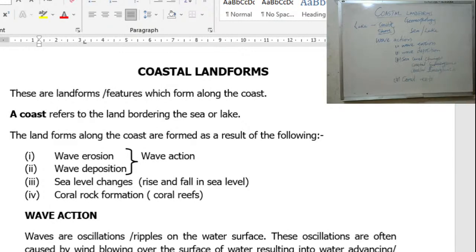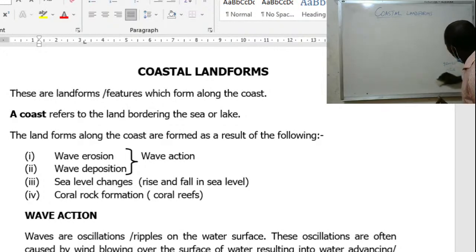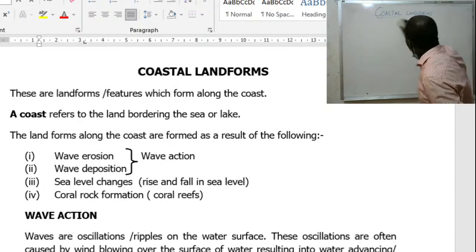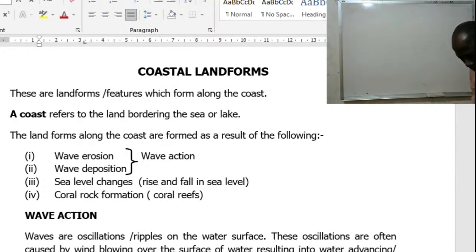Therefore, we are going to pick category by category. That's why I said we are going to have these bit by bit. So the information that is uploaded is only referring to those landforms that arise from wave erosion. So specifically, today we are going to look at the effect of wave erosion and the formation of coastal landforms in East Africa.